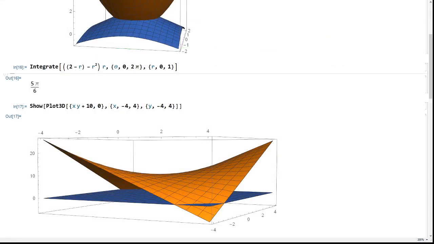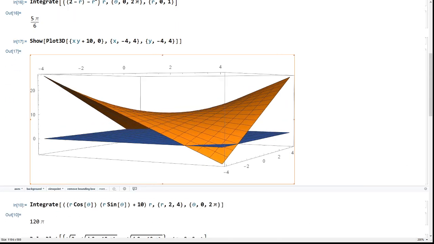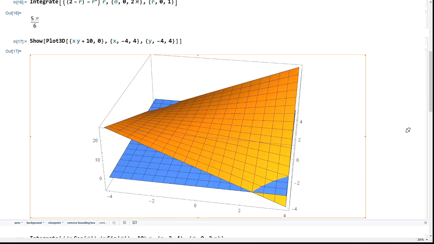Right. So we're looking at this region right here. So here's xy plus 10. This is that orange curve, which I wish would capture my mouse cursor where it actually is. So this orange thing here is xy plus 10.